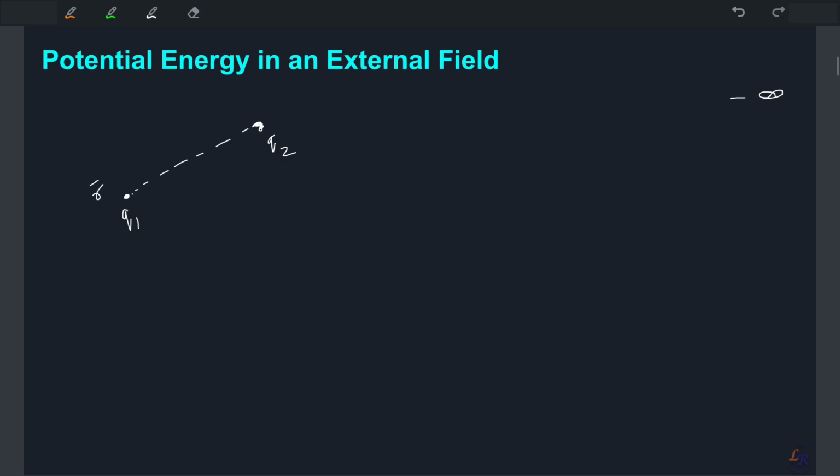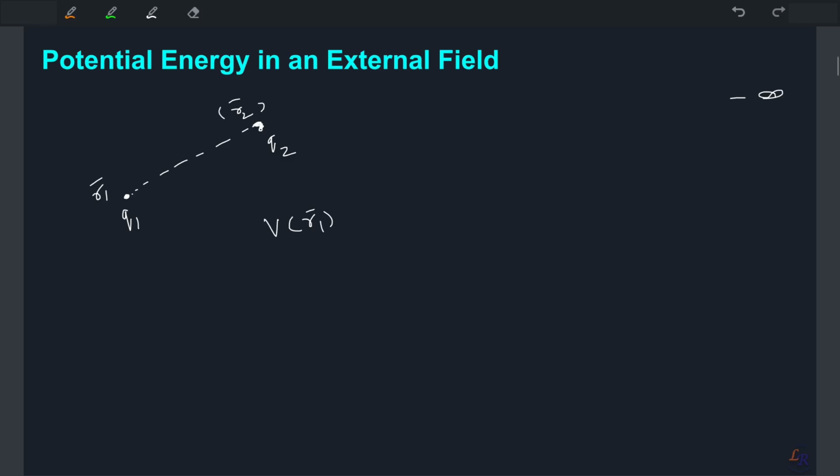This represents position vector R1 for this charge and position vector R2 for this one. If there already exists a potential at position vector R1, then you already have a potential at this position vector.